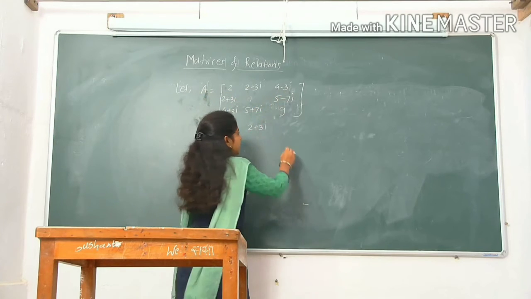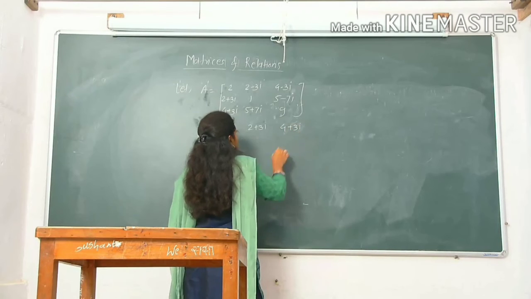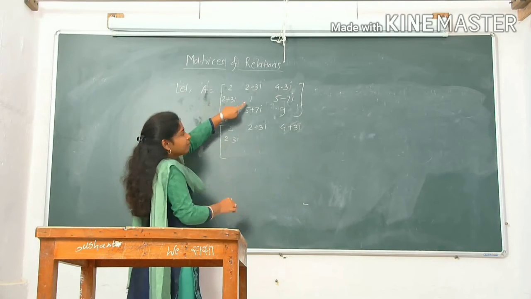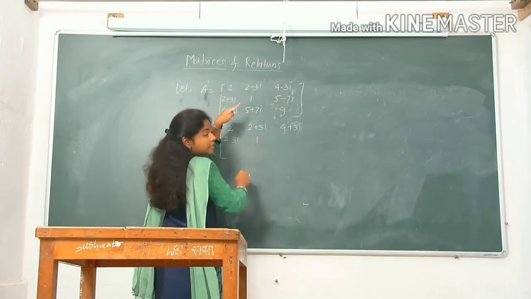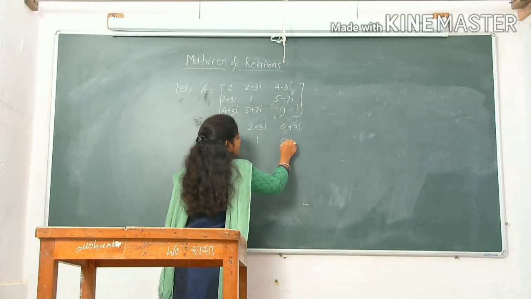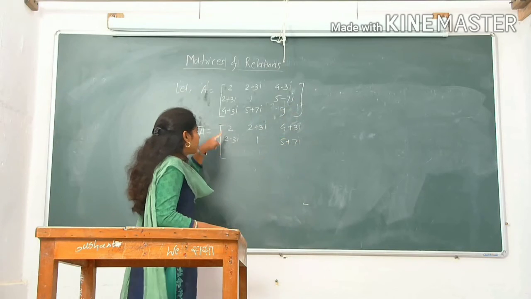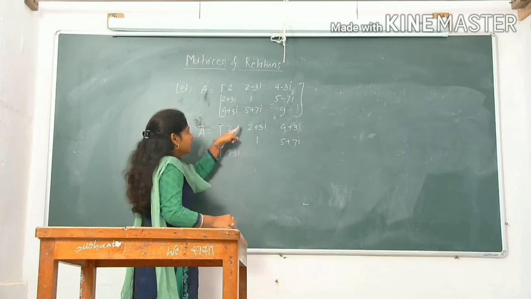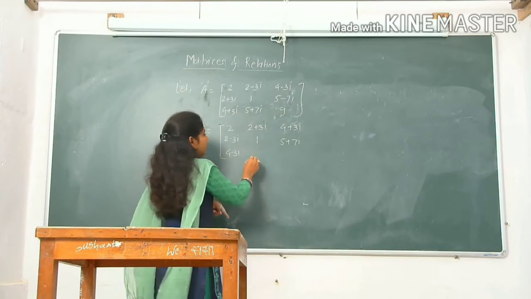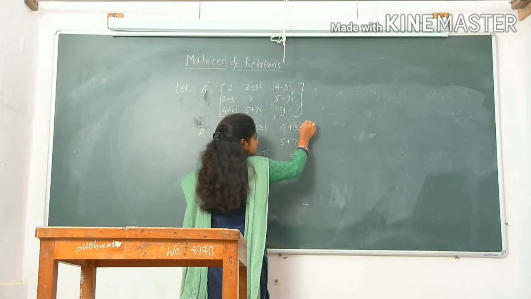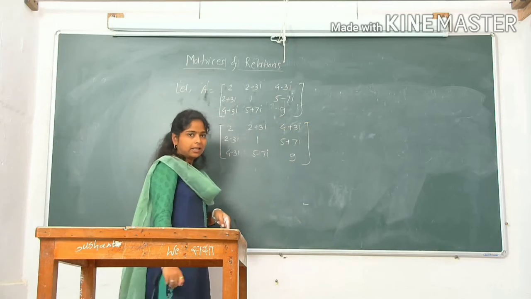Conjugate of 4 minus 3i is 4 plus 3i. Conjugate of 2 plus 3i is 2 minus 3i. Conjugate of 1 is 1 since 1 is a real number. Conjugate of 5 minus 7i is 5 plus 7i. Conjugate of 4 plus 3i is 4 minus 3i. Conjugate of 5 plus 7i is 5 minus 7i. And conjugate of 9 is 9 since 9 is a real number.